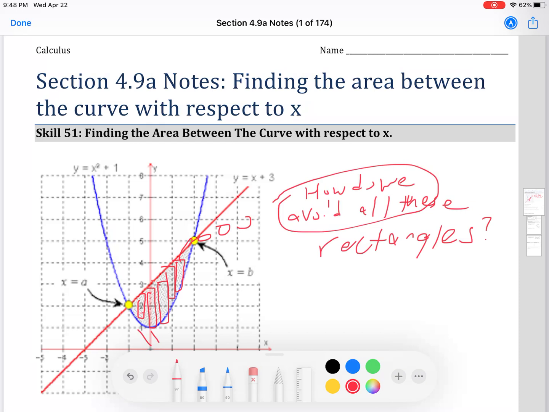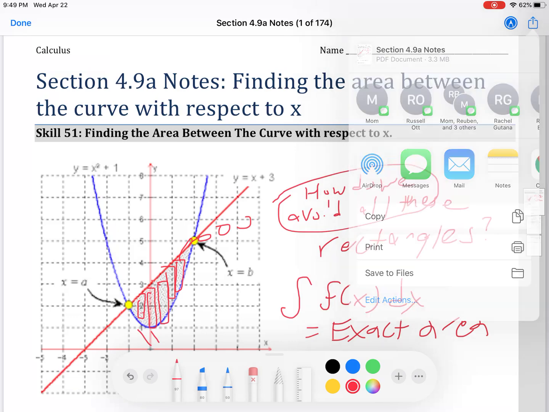Well, it turns out there's a symbol, this integral symbol, that gives us the exact area. And maybe we could do a combination of different integrals, where we add or subtract integrals, and actually get the area.